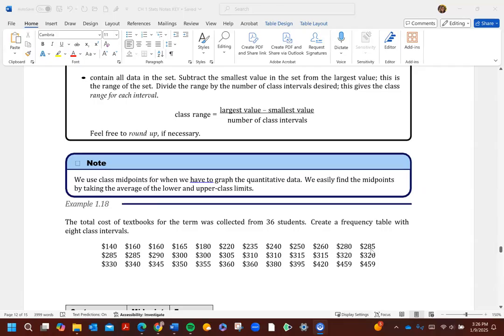So here is the total cost of textbooks. This is example 1.18. It's collected from 36 students. Create a frequency table with 8 class intervals.